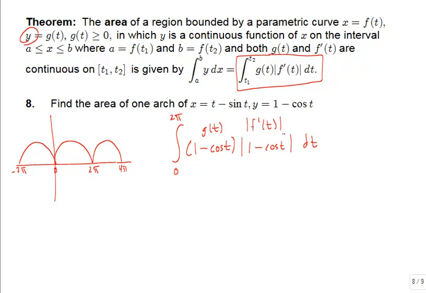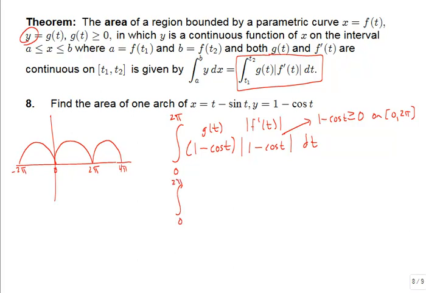So this expression right here, 1 minus cosine t, is actually always greater than or equal to 0 on this interval 0 to 2 pi. So since it's always positive on the interval that we're looking at, we can drop the absolute values, which makes this integral much easier for us to solve.